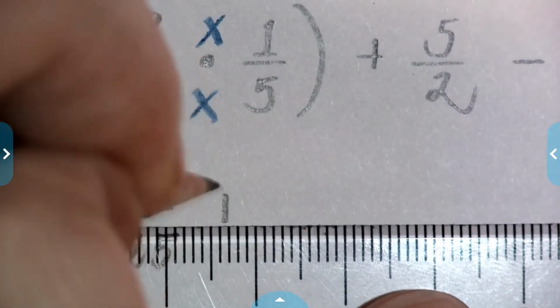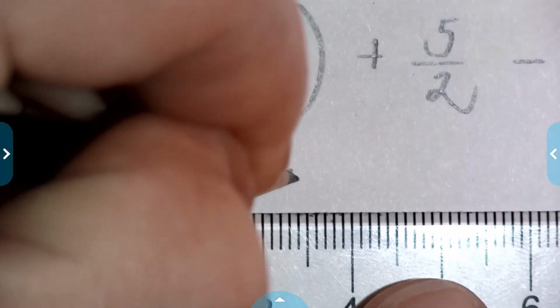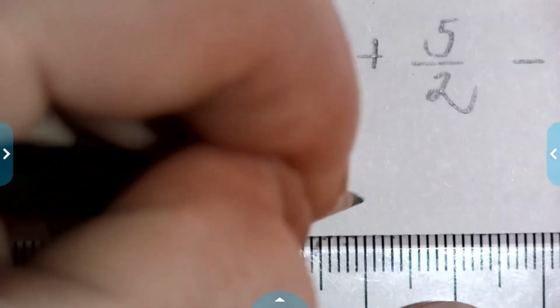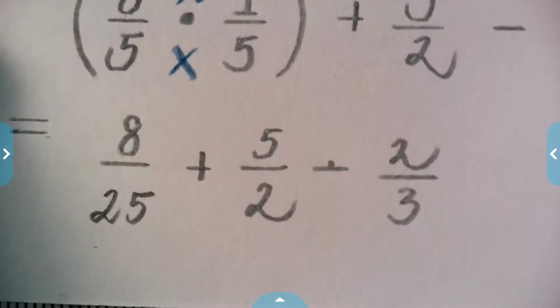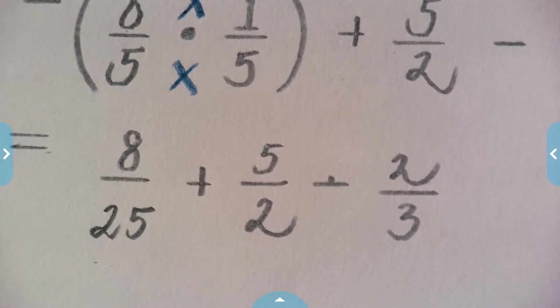We are now going to add to this number 5 over 2. And then we're going to subtract 2 over 3. Okay, now the thing is, we can't do anything until we have a common denominator. So I'm looking for the least common multiple of 25, 2, and 3.